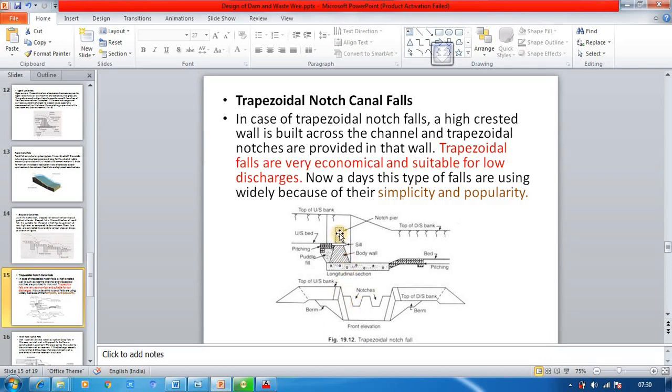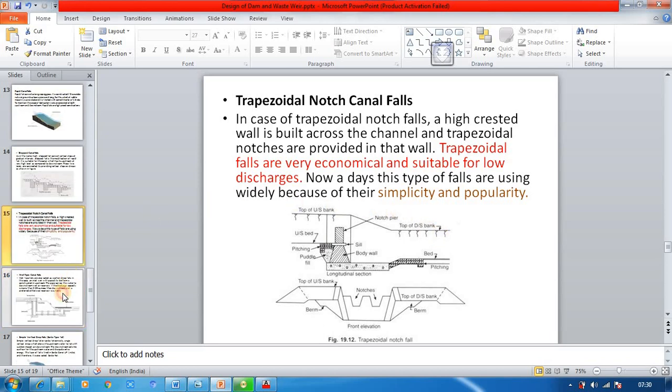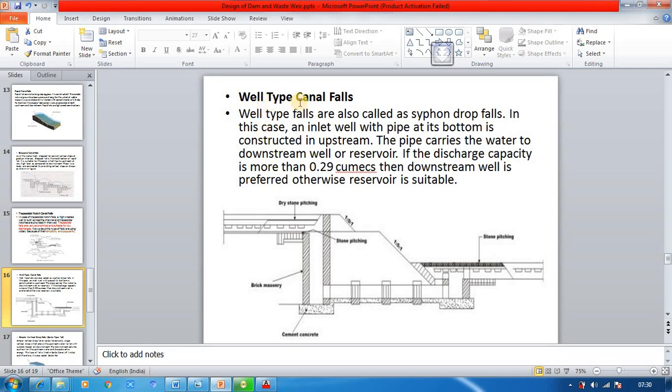Okay, this is the notch wall, and you will have the upstream side top bank level and the downstream side top bank level.